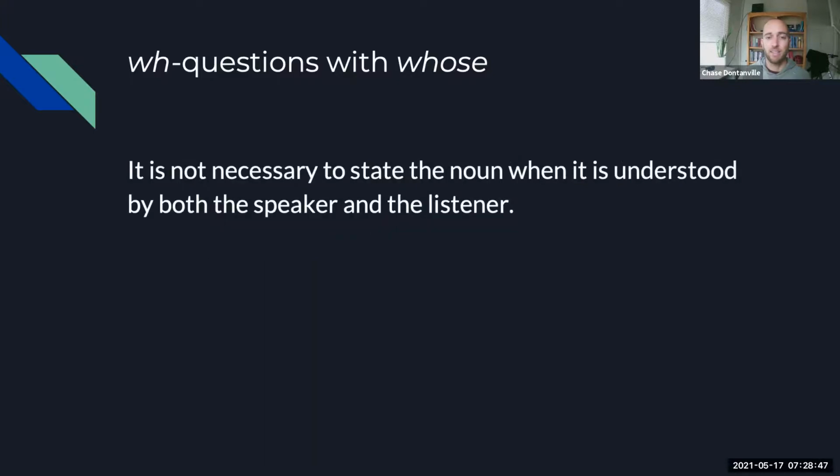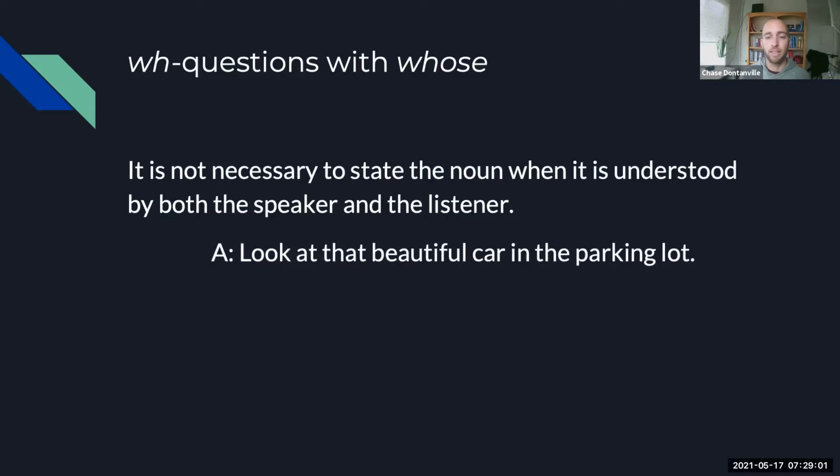It is not necessary to state the noun when it is understood by both the speaker and the listener. So if both you and I are talking and we know what we're talking about, you don't have to say the noun. For example, look at that beautiful car in the parking lot. Whose is it? So you can say, whose car is it, right? Whose car is it?